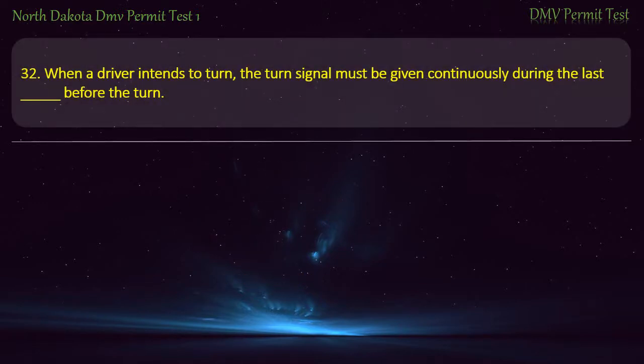Question 32. When a driver intends to turn, the turn signal must be given continuously during the last distance before the turn. 25 feet. 75 feet. 50 feet. 100 feet. Answer. 100 feet.